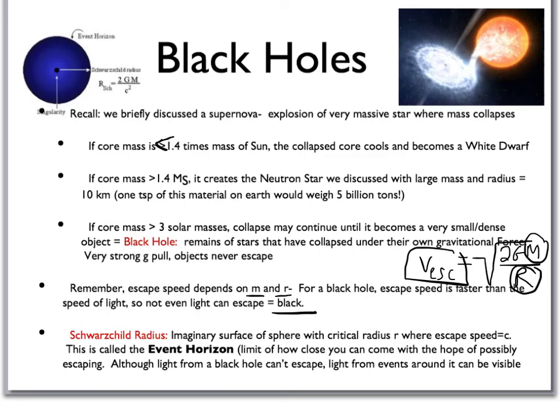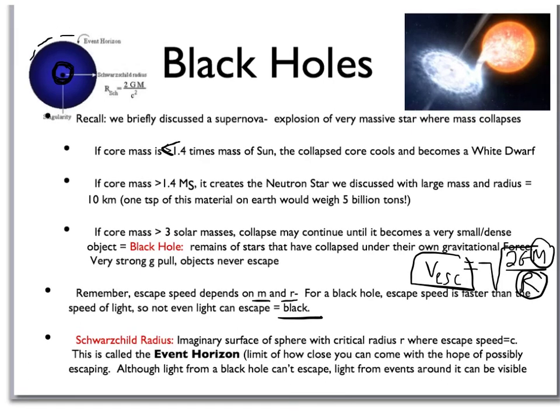Now, the Schwarzschild radius might be something that you have heard of, or the event horizon is another term for that, but that's really just this imaginary surface of a sphere with a critical radius R where the escape speed would be c, or the speed of light. So if this here was your actual black hole, we could draw sort of an imaginary surface around this, or a horizon around this, and say at this place, if you got this close to the black hole, this is where light would actually be able to escape.